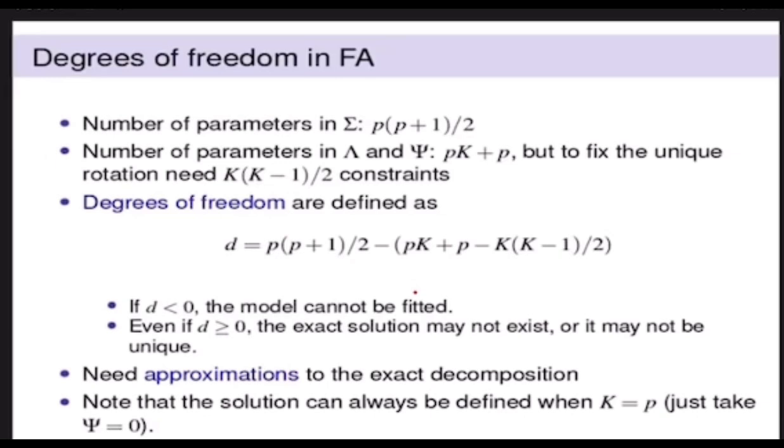Of course, you all know that whenever we want to depict reality, we can never have an exact characterization of reality. There's always going to be a gap, and that's why approximation comes in.